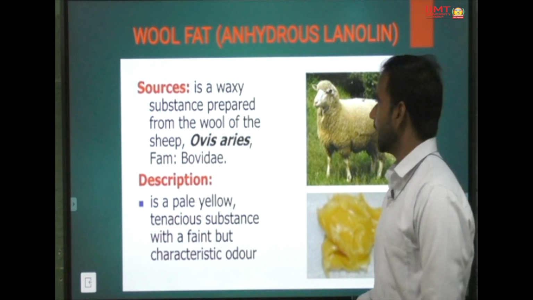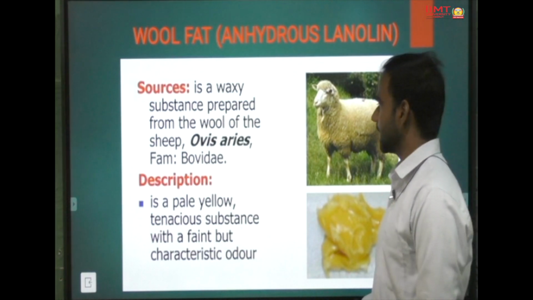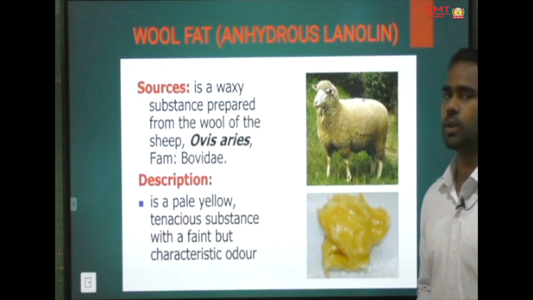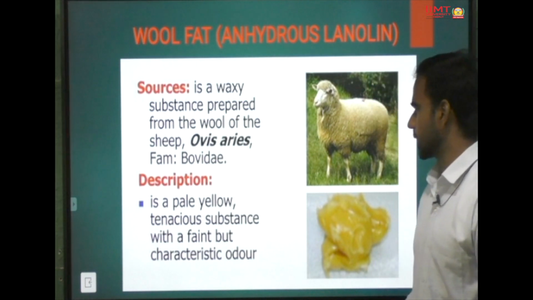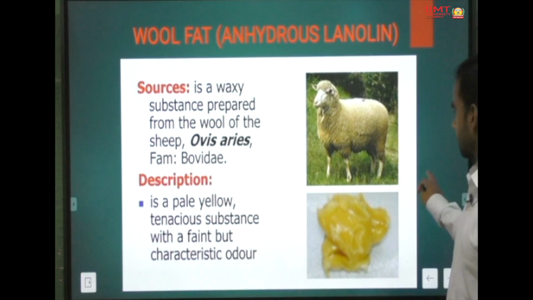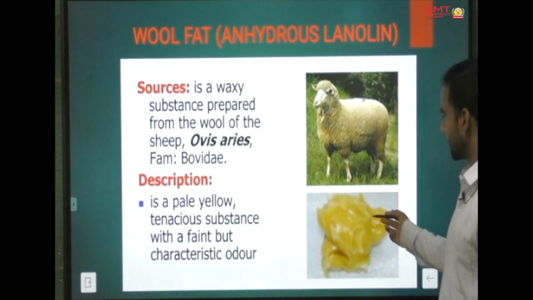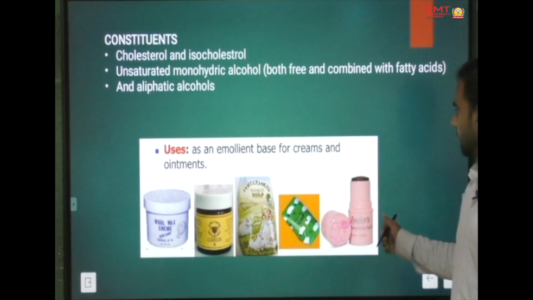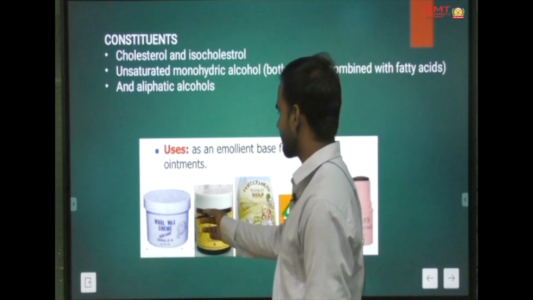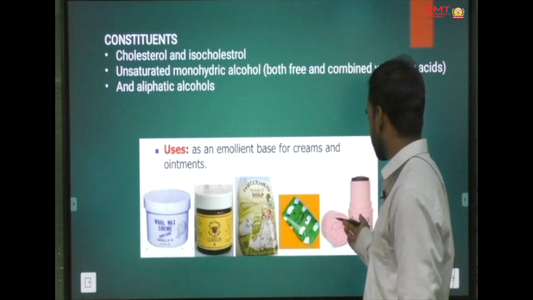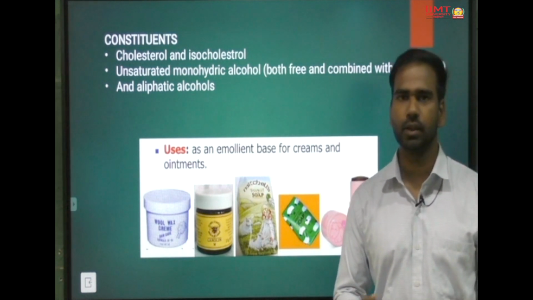Anhydrous lanolin is the waxy substance prepared from the wool fat of sheep, of the family Bovidae. The description of wool fat, lanolin, is a tenacious substance with a faint characteristic odor. So this is the final product, anhydrous lanolin, as it looks, and these are the different pharmaceutical products: wool wax creams, cold creams, used for the preparation of ointments and emulsions for smoothing your skin.